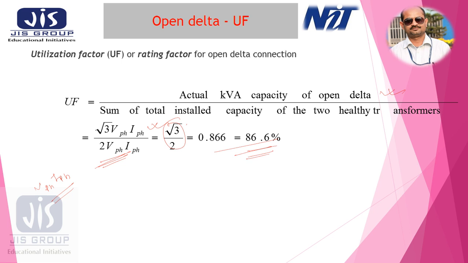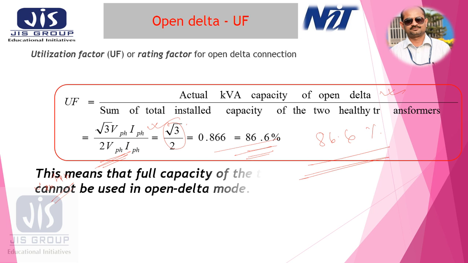So only 86.6% is the utilization factor. So that means full capacity of the two healthy transformers cannot be used in open delta. So instead of using 100%, the utilization factor is only 86.6%. Okay.